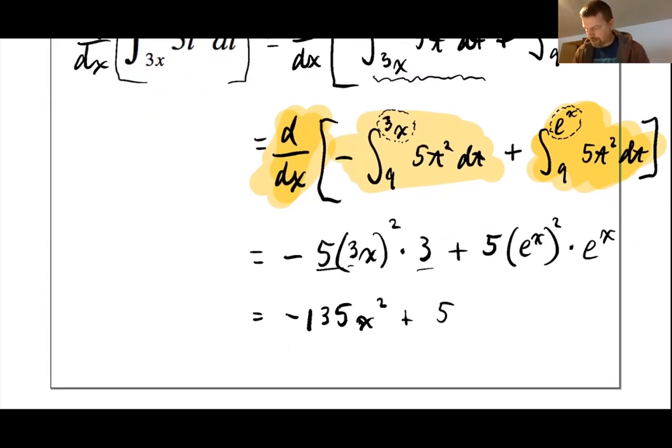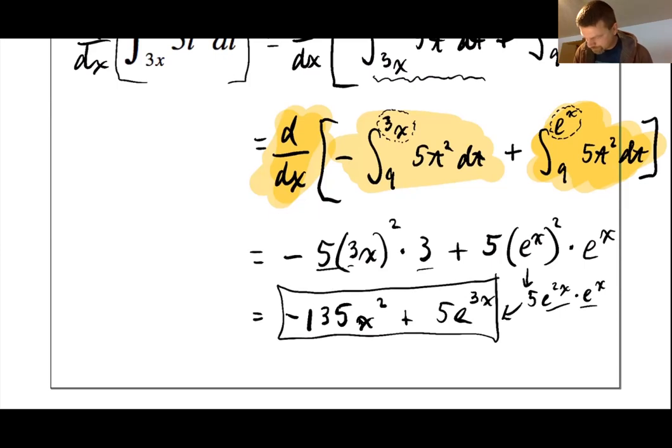Plus, this would be 5 e to the 2x times e to the x, because that's one of my rules of exponents. When I've got two things multiplied by each other, you can add the exponents. 2x plus another x is 3x. So I can rewrite this as 5e to the 3x if you wanted to simplify it.